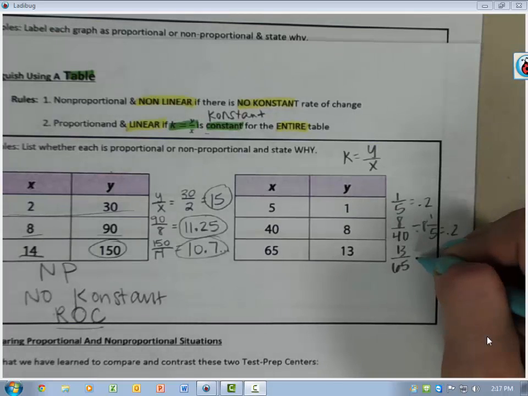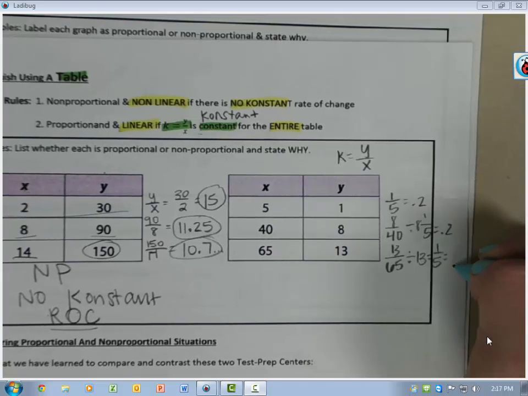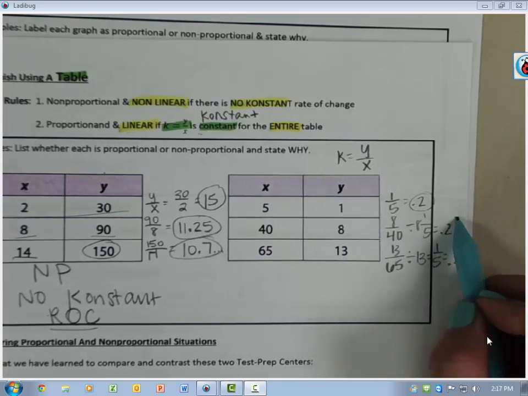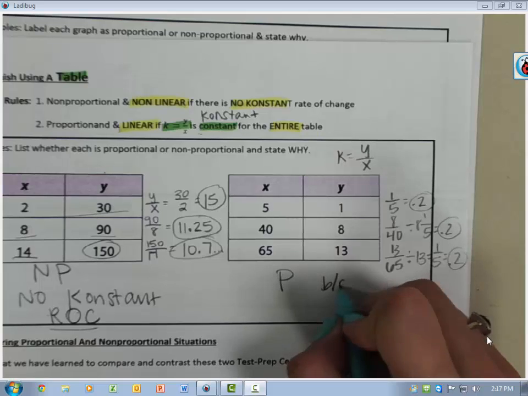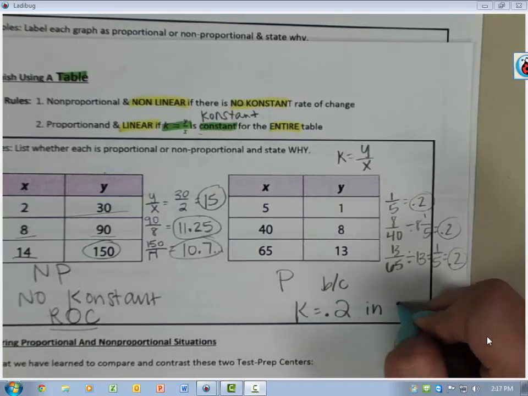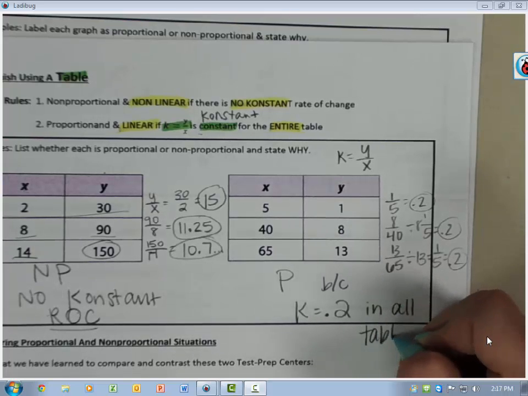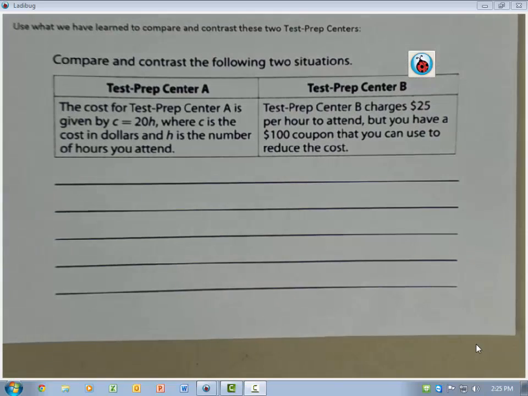And if you plug 13 over 65 into your calculator, you get 1/5, also 0.2. So we have 2/10, 2/10, 2/10. Proportional because K is equal to 2/10 in all of the table.